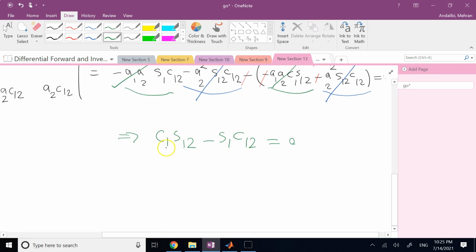Well, in general, when you have a formula like that, the sine of one times the cosine of the next one minus the sine of the second one times the cosine of the first one, this is the sine of the first minus the second. So it is sine of theta 1 plus theta 2, minus theta 1. This has to be equal to 0.